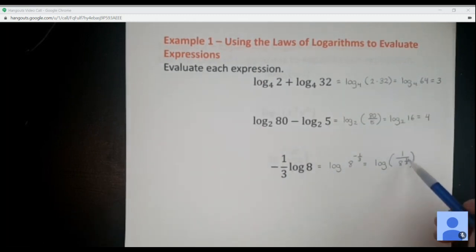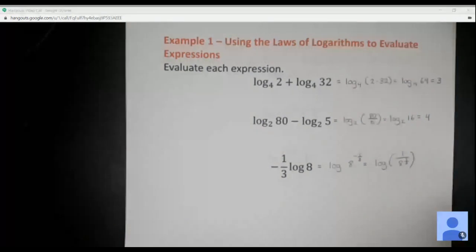Now, what does 8 to the 1/3 power mean? How can I rewrite that? So how can we rewrite fractional exponents?